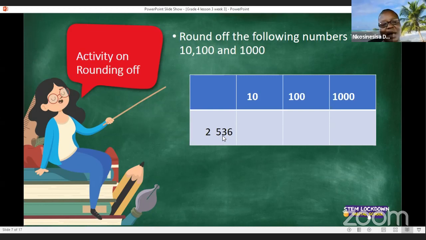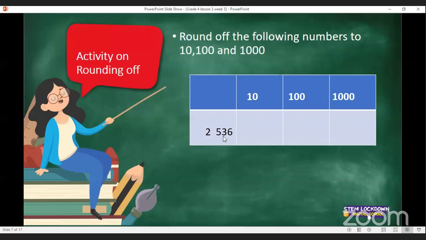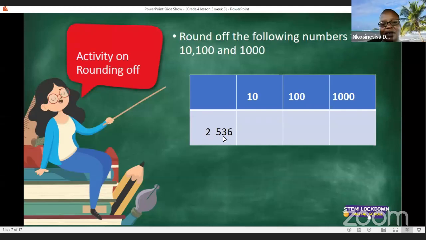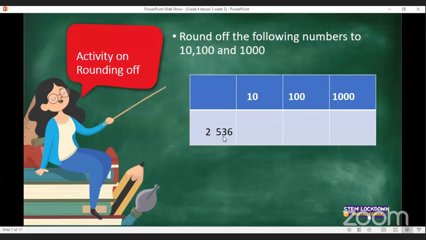That's when we ask, after we have looked next door, if it is 5 or higher. So is 3 5 or higher? Laurentia, are you still with us? Is 3 5 or higher? It's lower, ma'am. Yes, so what happens to the hundreds?